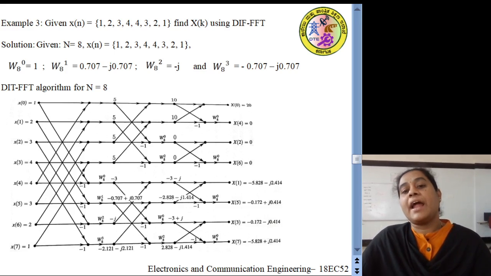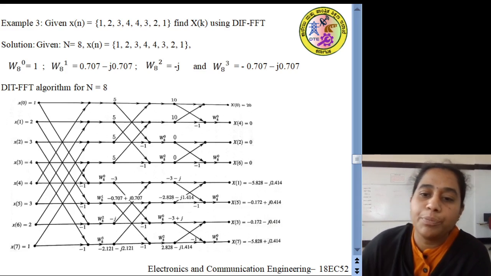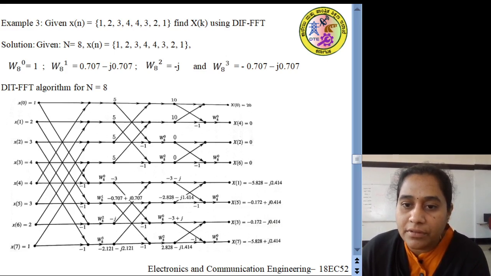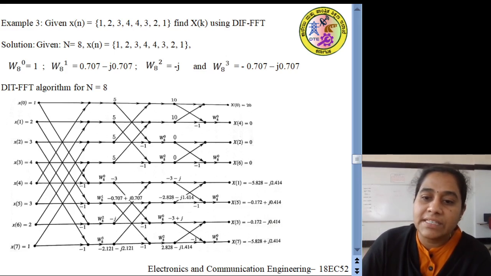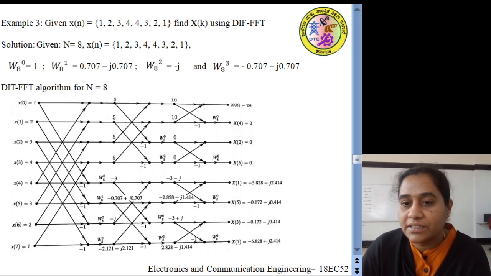After applying this input and doing the first stage of calculation, we obtain the outputs as 5, 5, 5, 5, minus 3, minus 0.707 plus j 0.707, minus j and minus 2.121 minus j 2.121. And now we are considering this output of the first stage as input to the second stage.